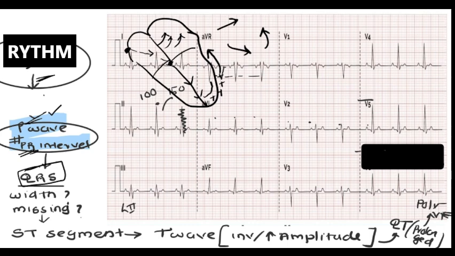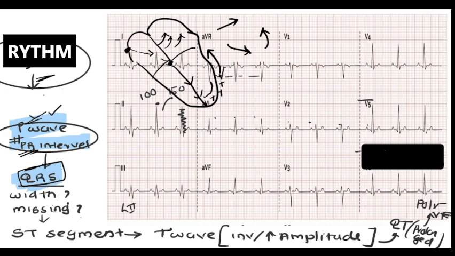If the conduction is happening normally through the His bundle, activating the ventricle through the Purkinje system, then that is a narrow QRS. It is important for us to know the type of arrhythmia we are dealing with. Based on the QRS complex, we decide whether it is ventricular tachycardia or PSVT. Arrhythmia is a different chapter, we will deal with that.